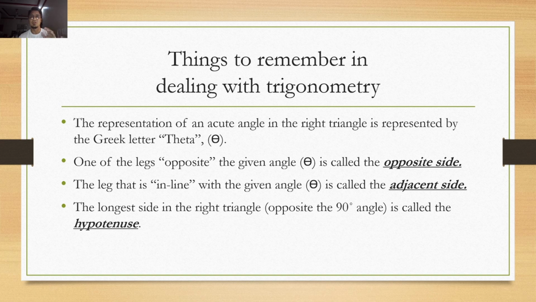Now, of course, kagaya po nung na-discuss na sa inyo sa Pythagorean theorem, the longest side in the right triangle, which can be found opposite the 90-degree angle, this is called the hypotenuse. Yung hypotenuse natin, hindi siya nababago. Palaging siya yung hypotenuse. Pero, yung opposite side and adjacent side, pwede pong mabago yan.